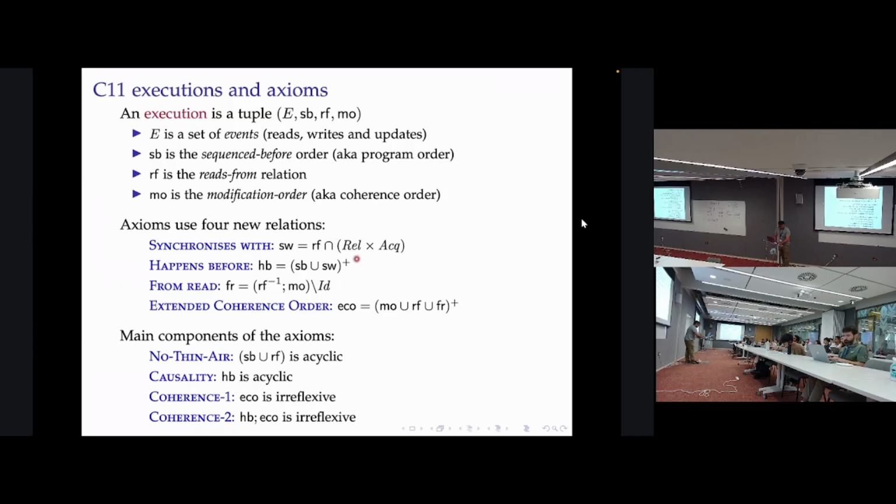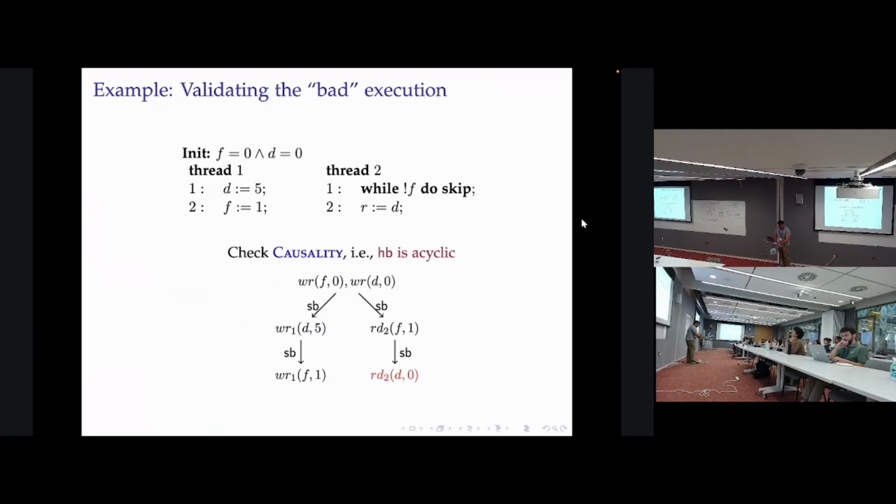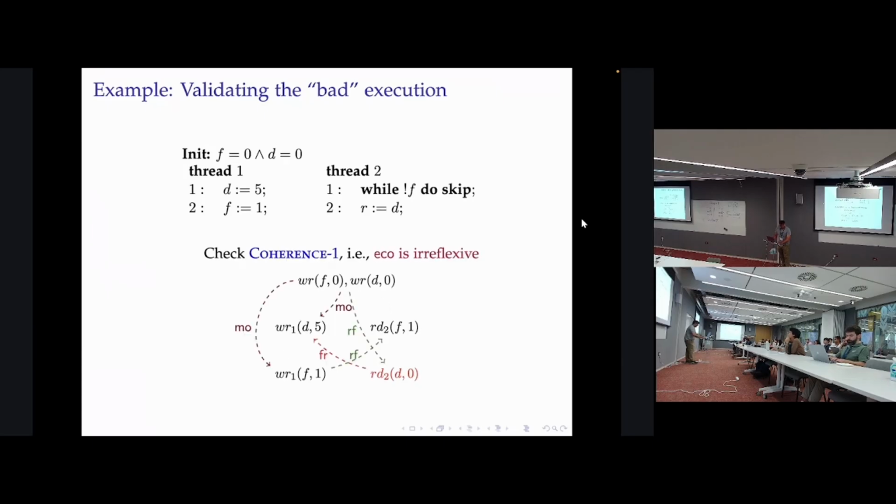We can't see any release-acquire annotations here, so the intersection is going to be empty. Therefore happens-before is just the SB relation, the sequenced-before relation. And is that SB relation acyclic? Yes, clear.